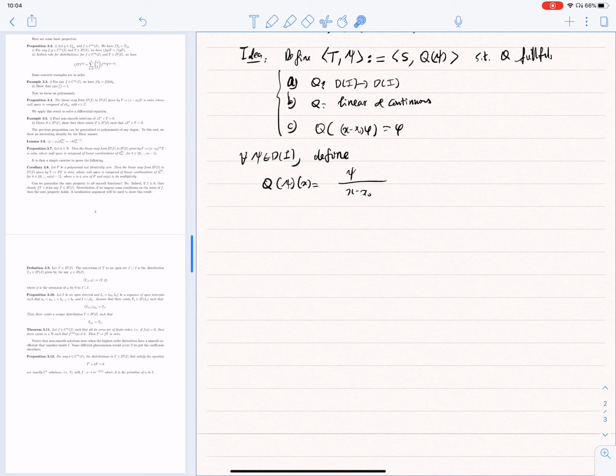If psi of x naught is not zero, then there's a singularity, 1 over x minus x naught, at the point x naught, so that this is not going to be a smooth function with compact support. So we have to make some adjustment. One idea is to subtract its mean value, the value at x naught of this psi function.